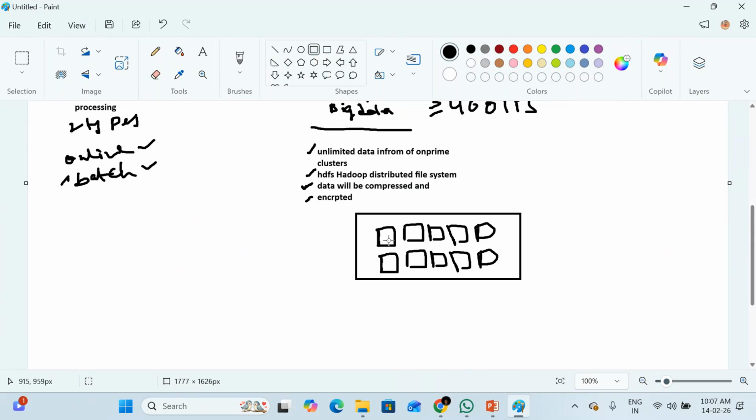This is 16, 16, total 10 computers: 10 into 16, 160 GB of RAM, and 10 into 200, 2000 GB of hard disk.